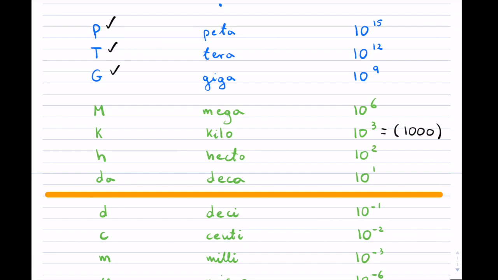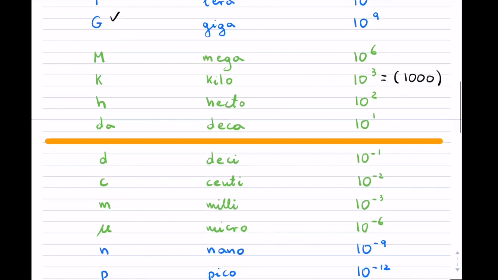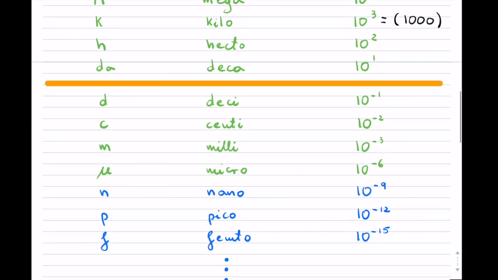Now below the orange line, the prefixes that we have, so deci, centi, milli, micro, and so on, these are for multiplications of 10, but now they're getting smaller. So notice deci is 10 to the power of -1. Centi, which you may have heard of before in, for example, centimeters, is 10 to the power of -2.